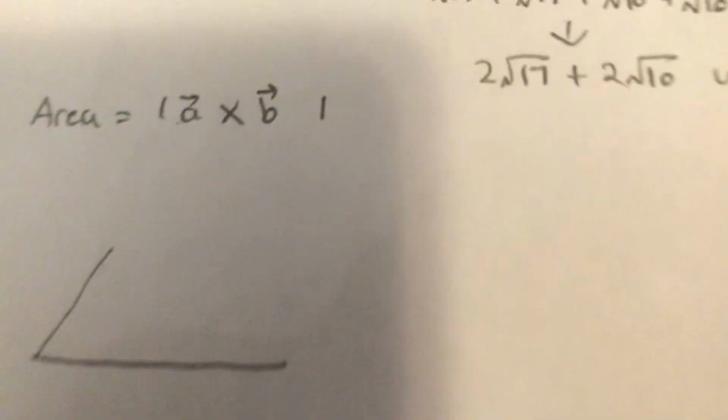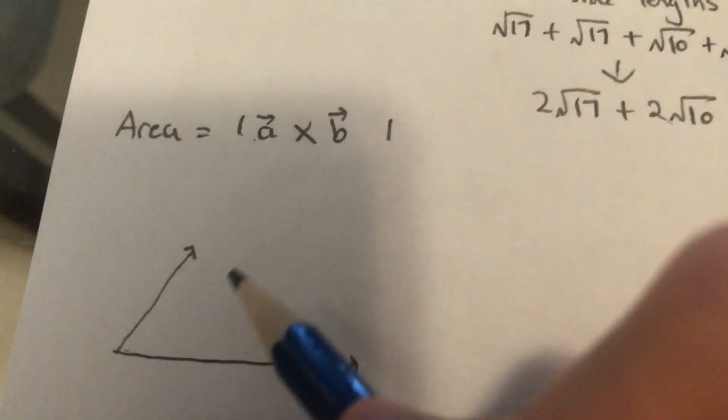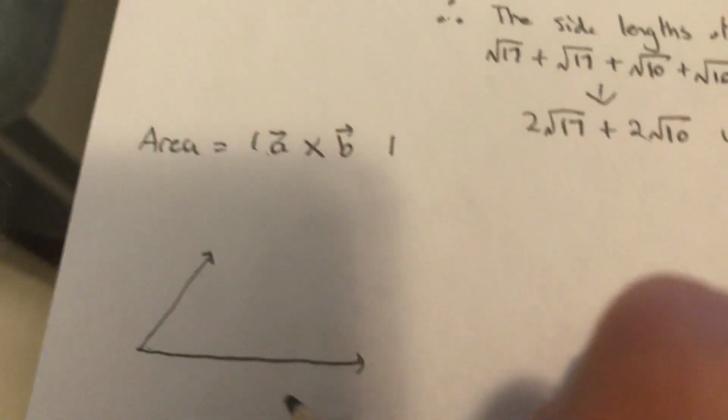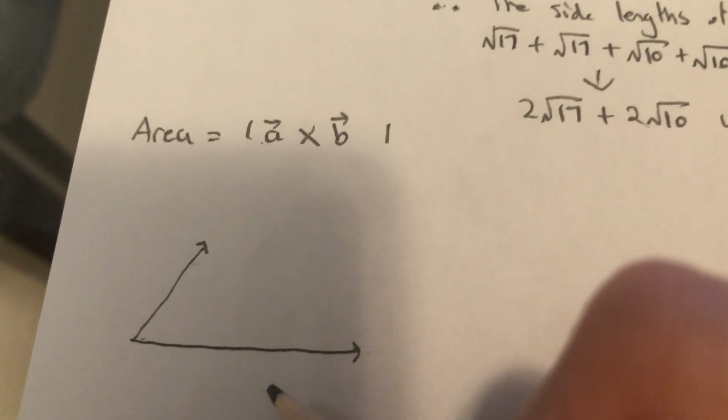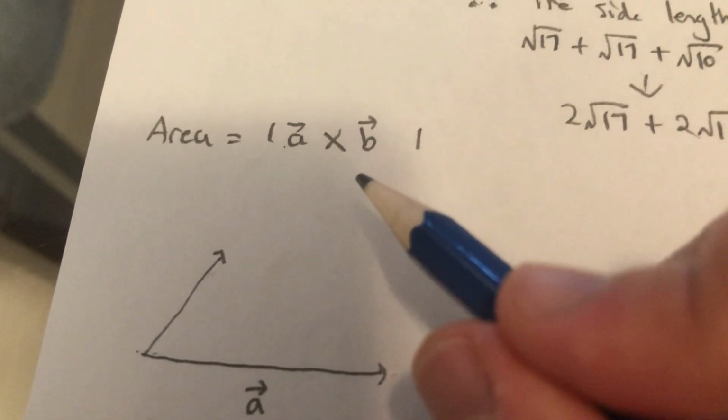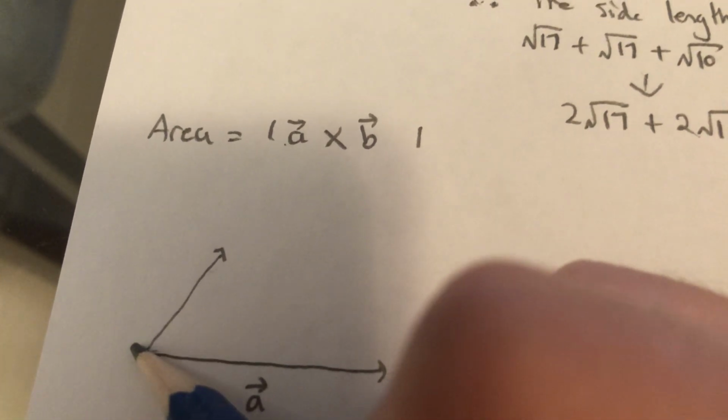Well, let's draw it out. When we're talking about the area of the parallelogram, we're essentially picking this side here and this side here, and vector A should be the combined vector from here to here. And vector B should be the combined vector from the point here to here.